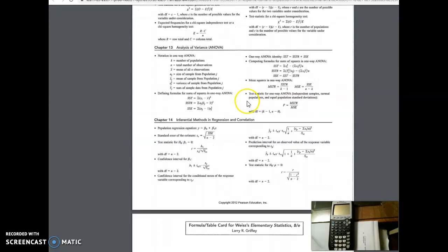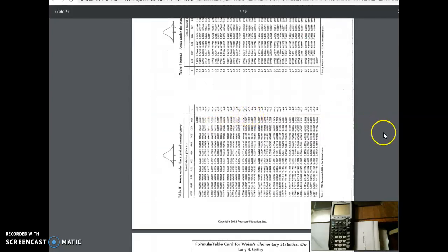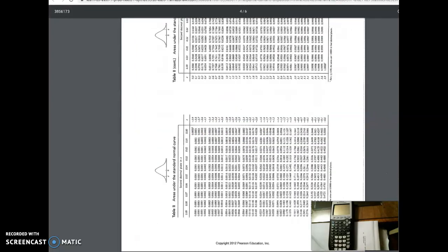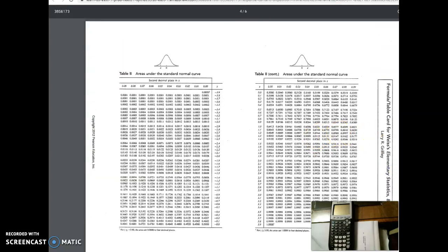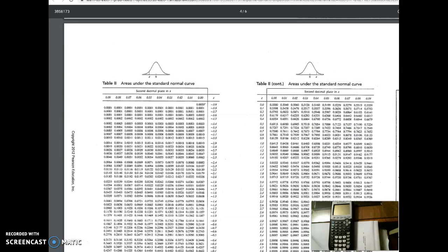If you open this up and scroll down, there's your z-table right there. Let me zoom in on that a little bit, and let's rotate it so we can read it.